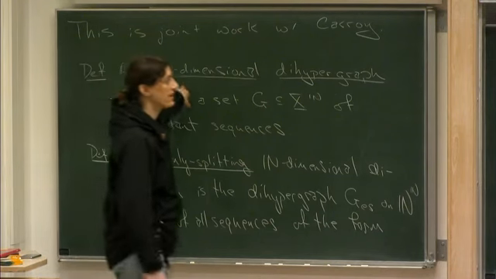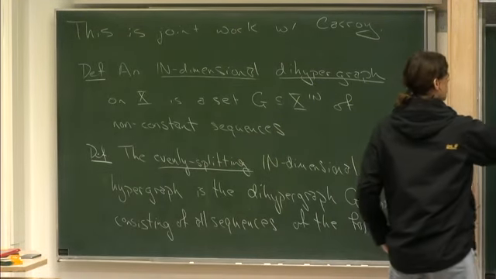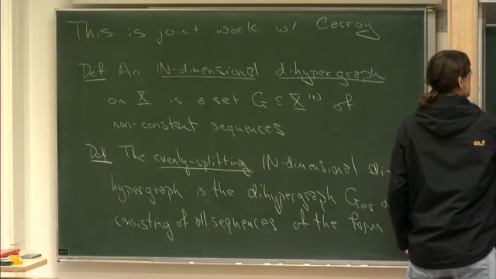Okay. So the natural generalization of the open graph dichotomy is the following.